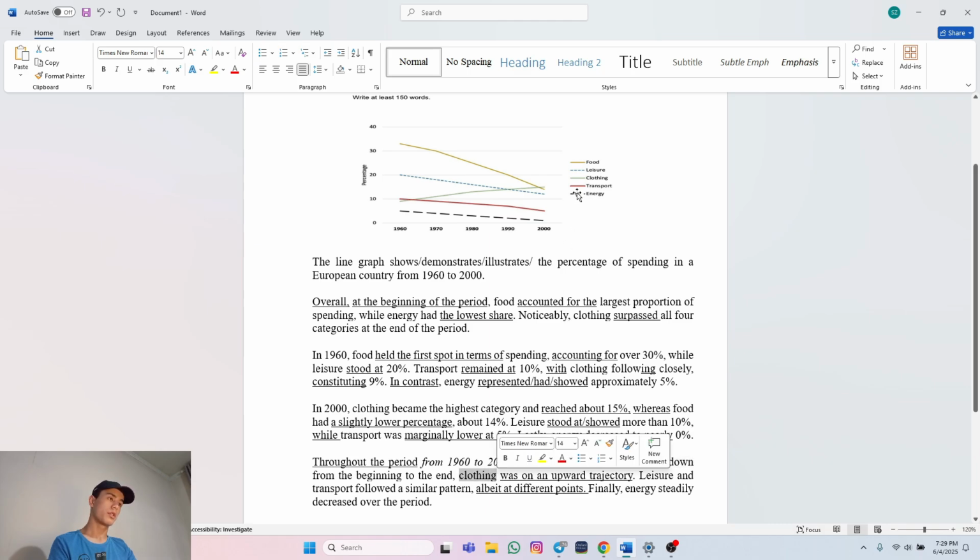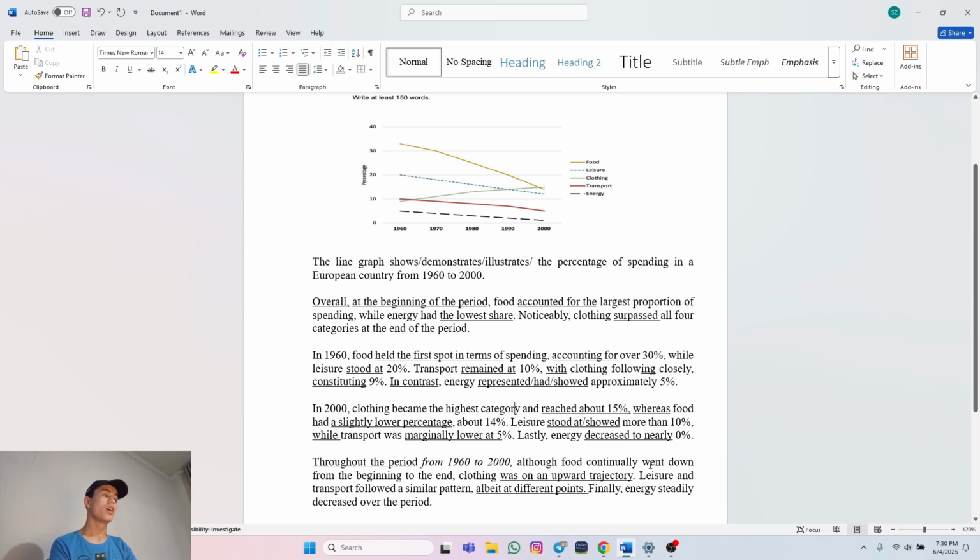Clothing, the green one, was on an upward trajectory. What does it mean? It only goes up. So this continually goes up, so we can write on an upward trajectory.